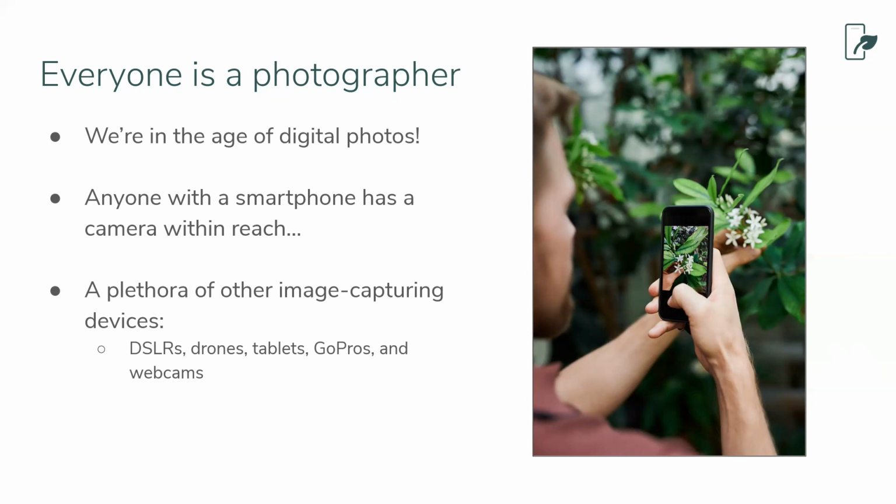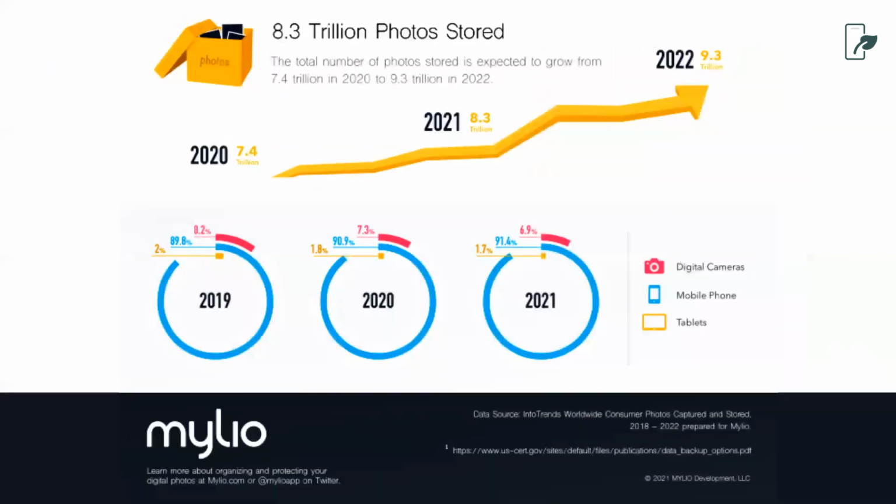I thought I'd start by sharing some really interesting statistics that we came across. In actual fact, there are thought to be over 8.3 trillion photos currently being stored. And as you can imagine, this is growing exponentially year on year. When we look at the last 3 years from this diagram below, you'll be able to see the proportion of imagery being captured on mobile phones, which is the blue percentage.